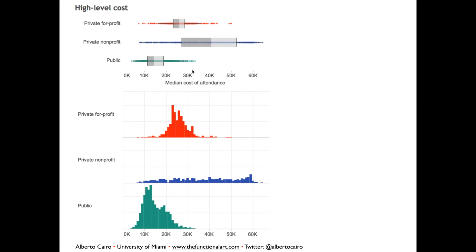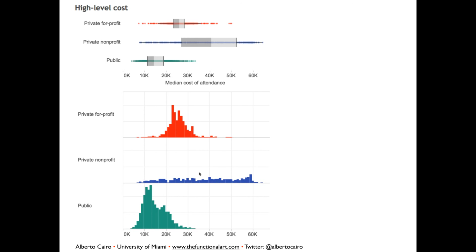Now, why am I showing you this example? Just to illustrate, and this is a theme that we will go back to over and over again during this MOOC, a single visualization usually will not yield all the possible insights that you need from your data. This applies to just exploring something as simple as the distribution of your data.